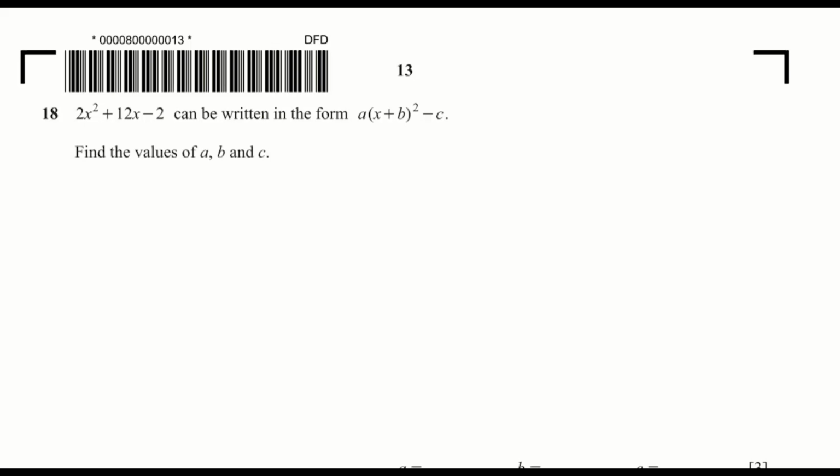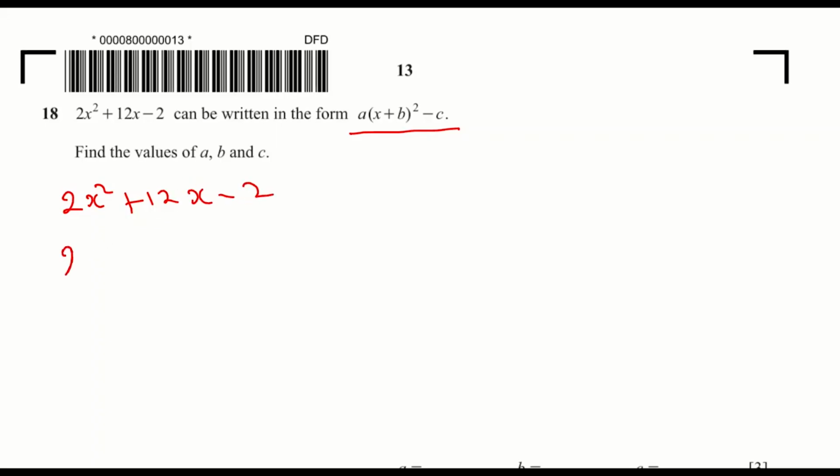Okay, here you have the expression. This expression can be written in vertex form. So find the values of A, B, and C. So this is what we're going to do. We're going to say 2x squared plus 12x minus 2.